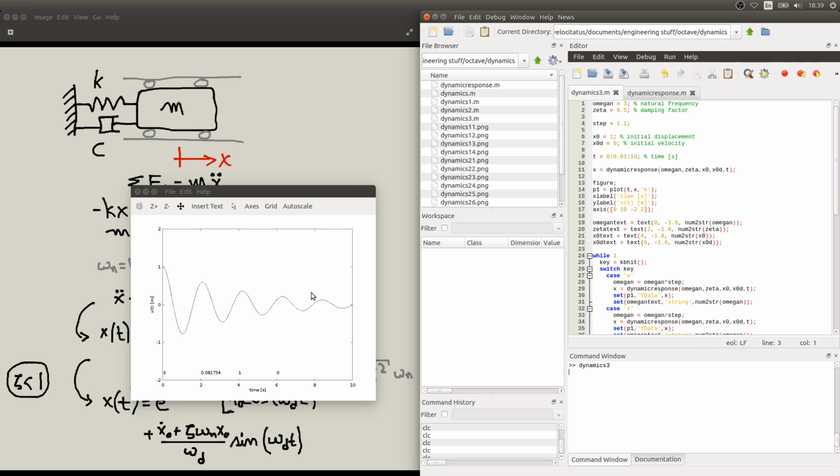So we can play with our response regarding damping, and also regarding our natural frequency or our ratio of stiffness and mass, which you'll see will make the system respond faster or slower as we increase or decrease our natural frequency.